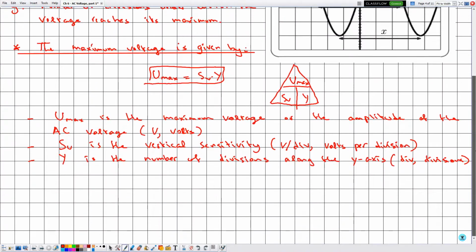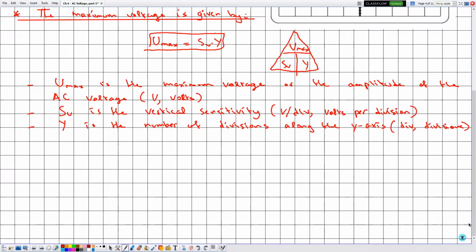Now, once we have calculated the maximum voltage, we can directly calculate another quantity which is given by the effective voltage.